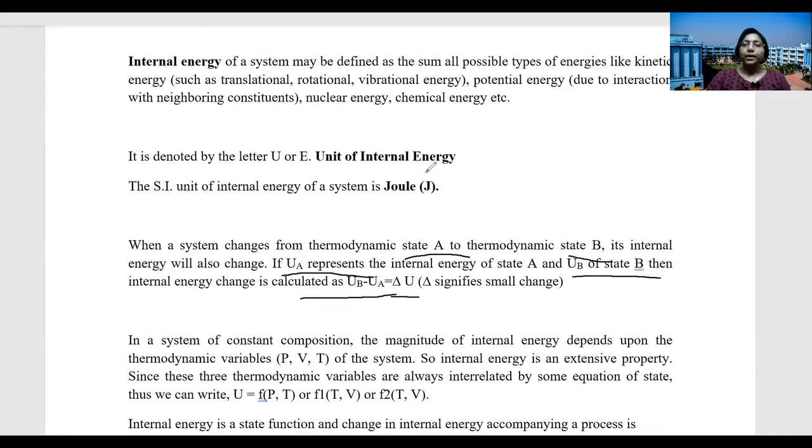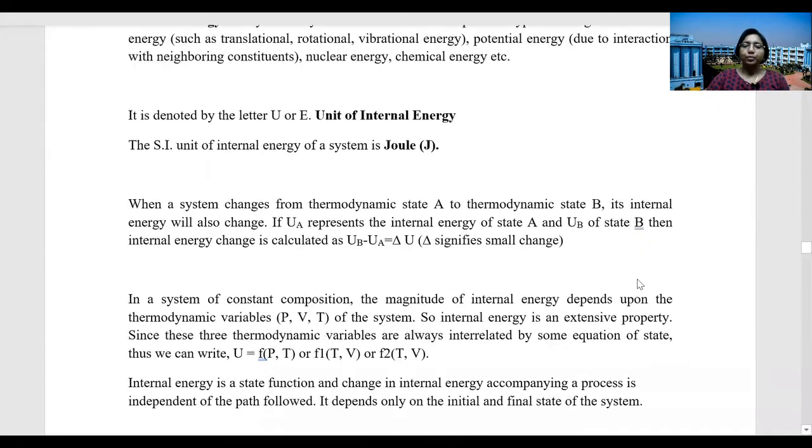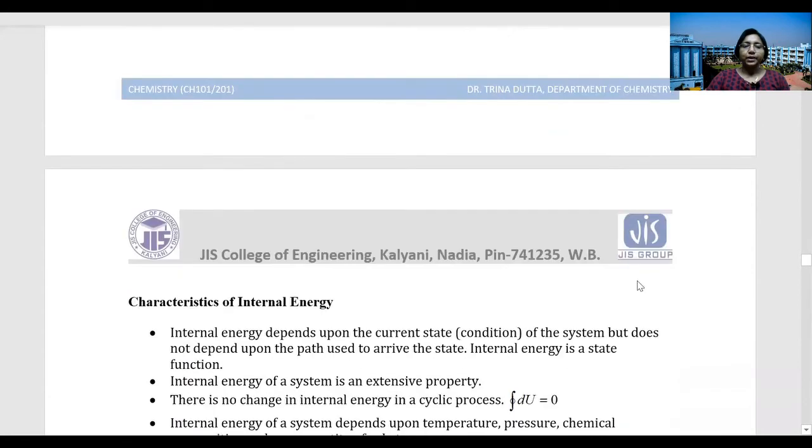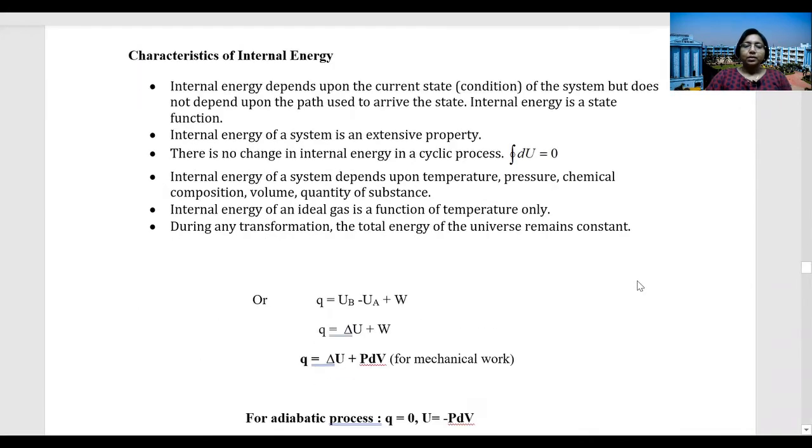Now, how will we write the first law of thermodynamics? Here we will write Q is equal to del E, or UB minus UA, plus W. That is the form of the first law.